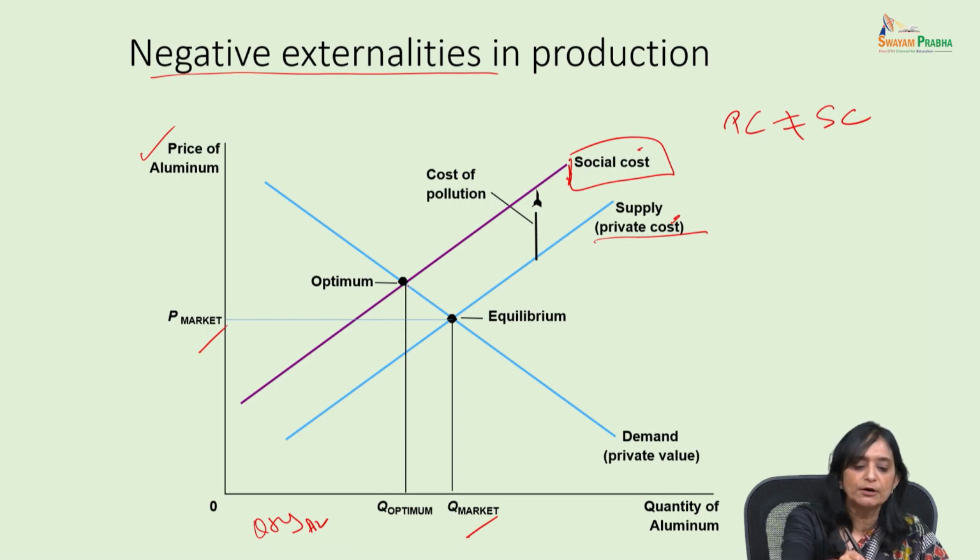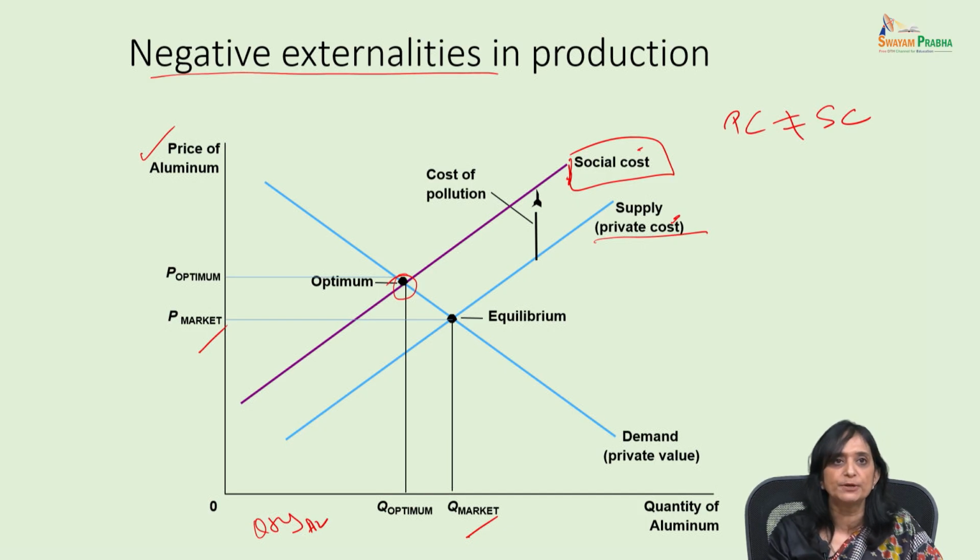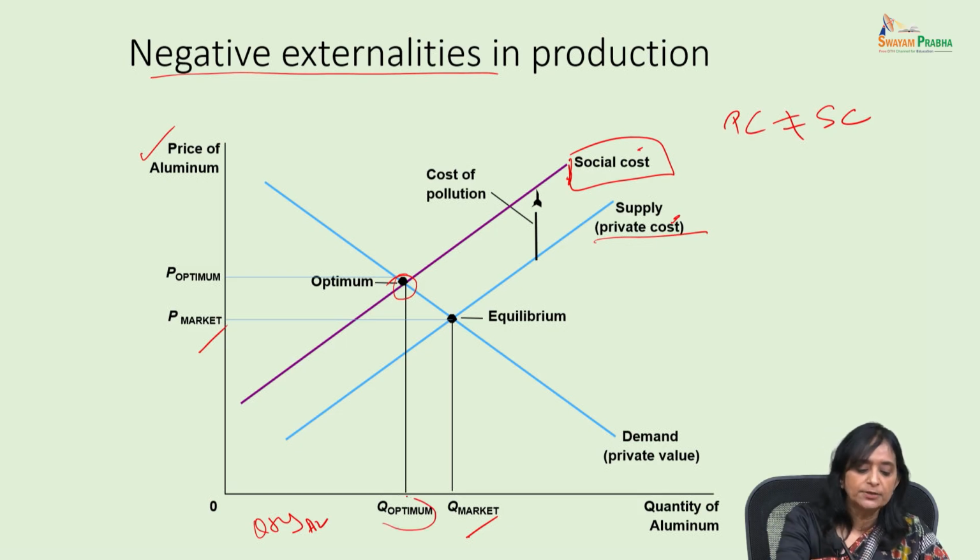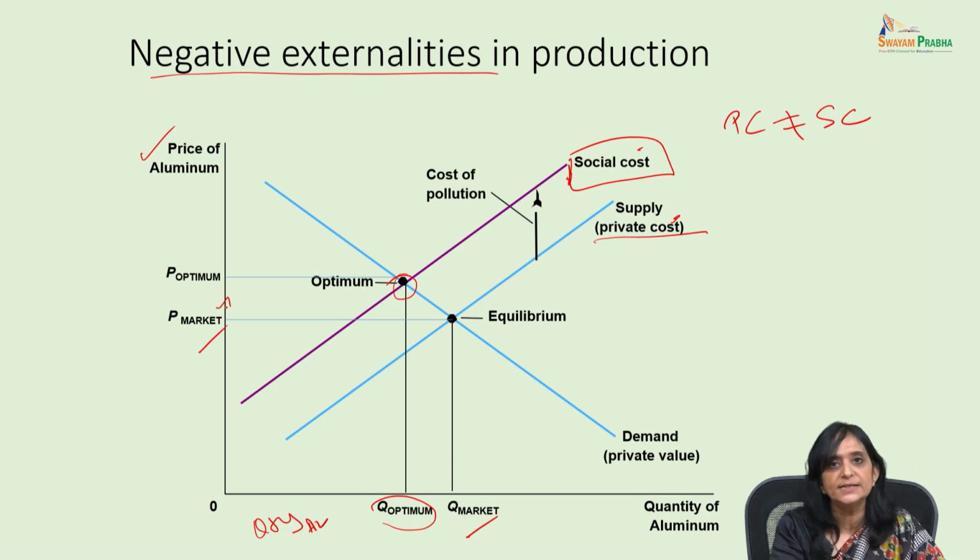Now, the demand curve is going to meet this social cost curve at this point which we have marked as optimum. What do we see? At this optimum point, the quantity optimum is less than the quantity market, and also the price of the market is less than the price in the optimum situation.